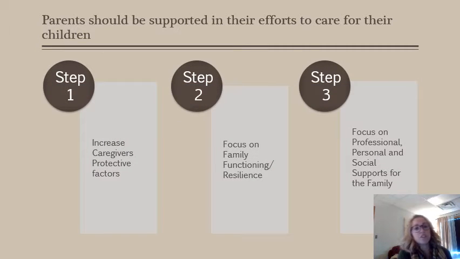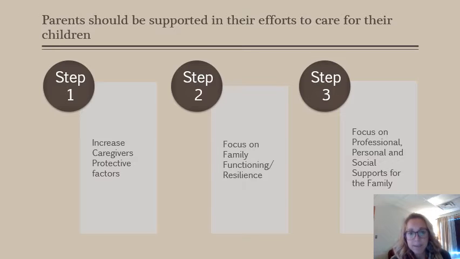Now, in order for children to be successful with their parents and bonding, parents should be supported in their efforts to care for their children. I have here 3 different steps that we can look at to gain an understanding of how we as social workers can help. The first step is we must be able to increase the caregiver's protective factors.